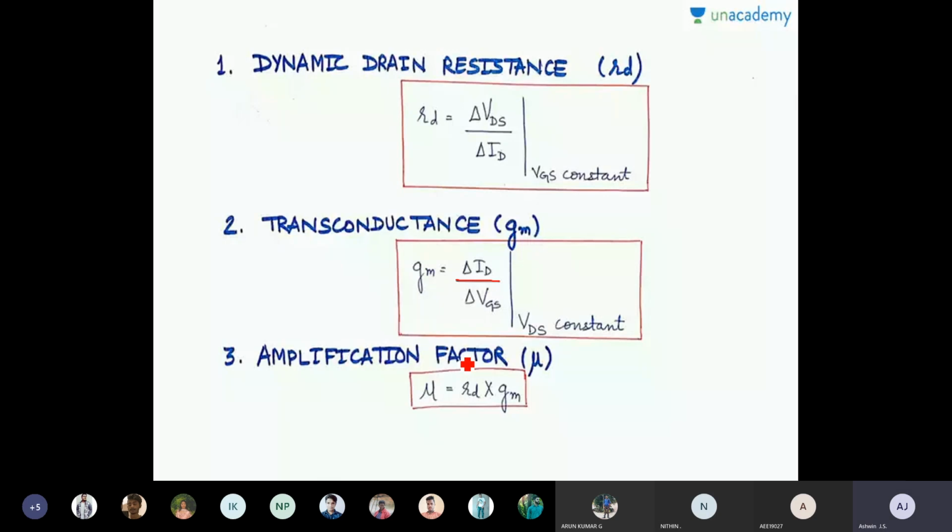What is your input voltage then? What is your input voltage in a field effect transistor?